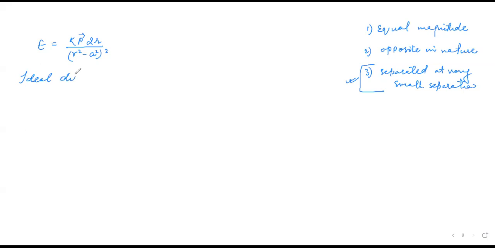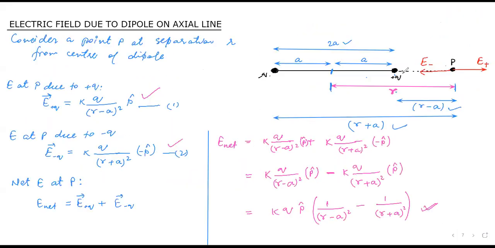In the ideal dipole approximation, the separation between these two charges is this, and the separation between the dipole and point P is R. Remember that this value of 2A is very, very small as compared to R. Are you clear?